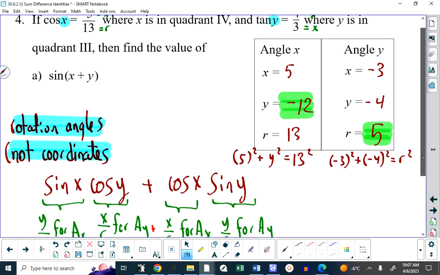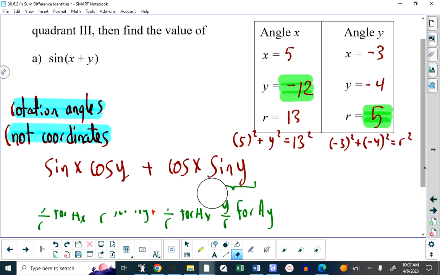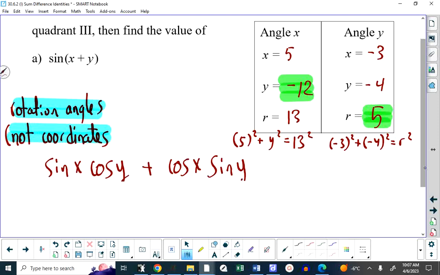So now we have to put all of this stuff in here, and I want to keep this on the same screen, so if you were writing this down, I think you've already written it down. I'm just going to get rid of this. Sine, I'm looking at angle x is negative 12 over 13 times cos, I'm looking at angle y, which is negative 3 over 5. And each of those is a trig unit question.